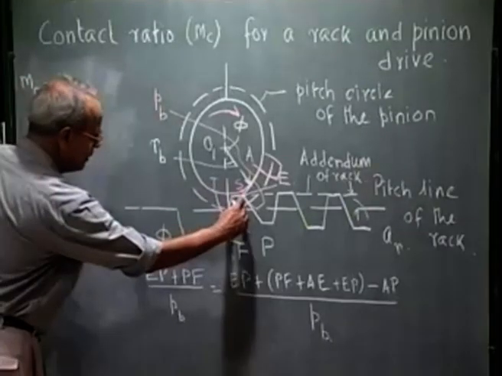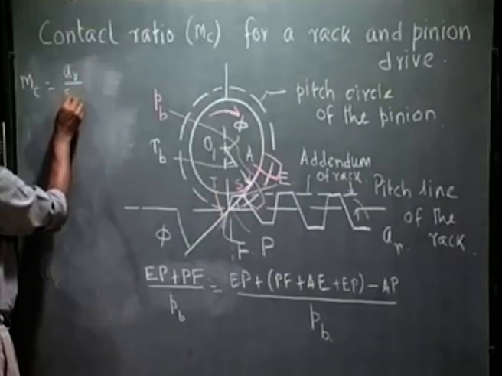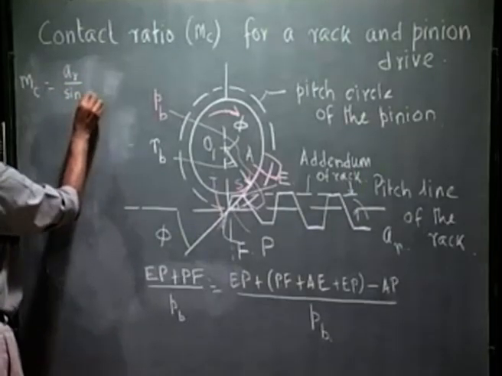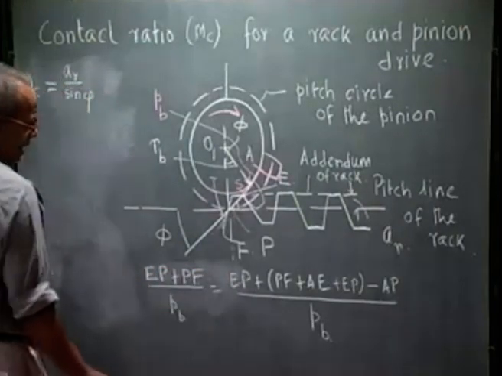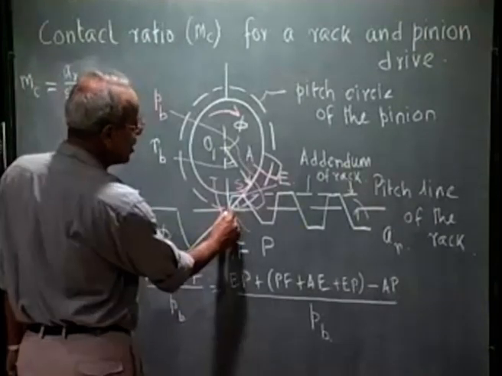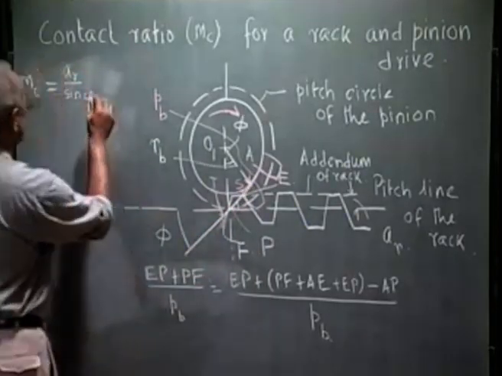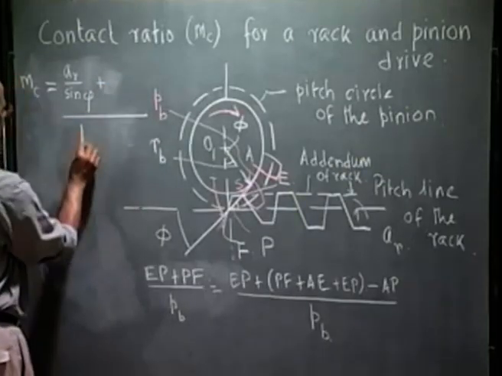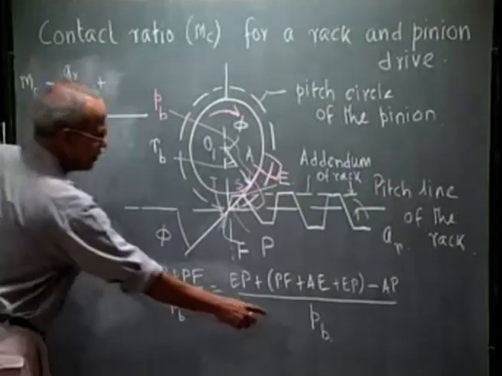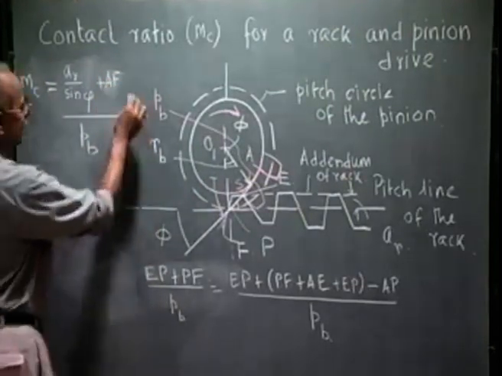So, this EP is nothing but AR by sin phi, where phi is the operating pressure angle. This is EP, and PF plus EP plus AE is nothing but AF. The whole thing is divided by PB. This is AF and minus AP.